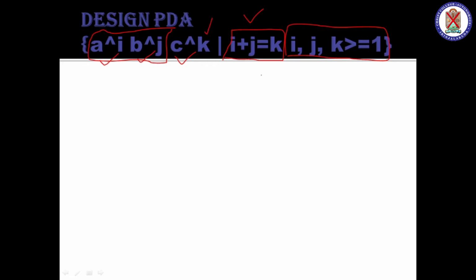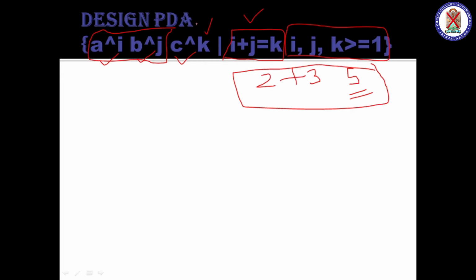For example, if a is repeated 2 times and b is repeated 3 times, then our c must be repeated what? 5 times. If this pattern is satisfied, the PDA says yes. Otherwise the PDA says no. So that's the pattern we are checking: the number of a's and number of b's sum must be equal to the number of c's.